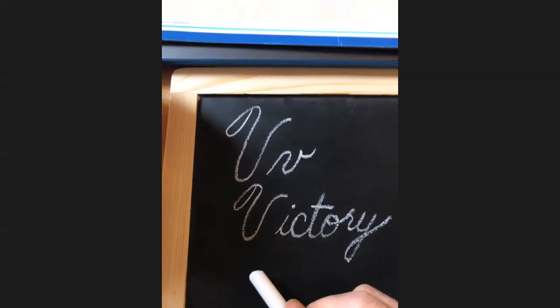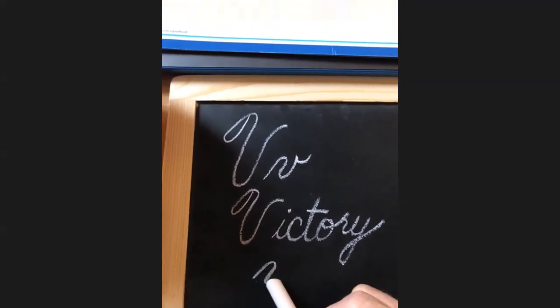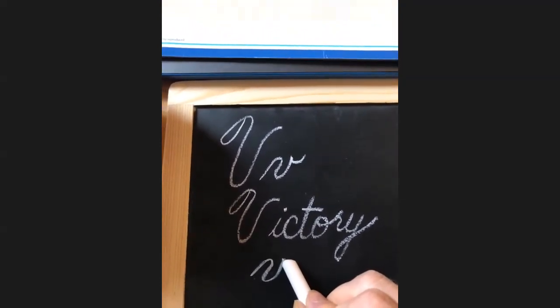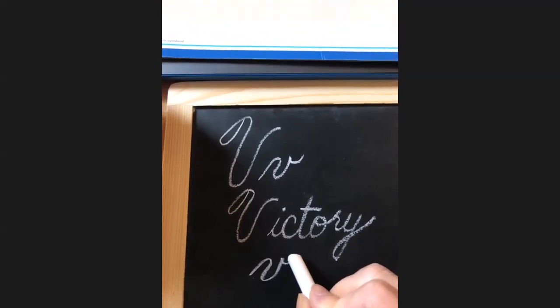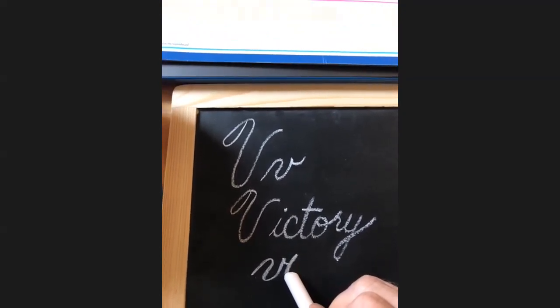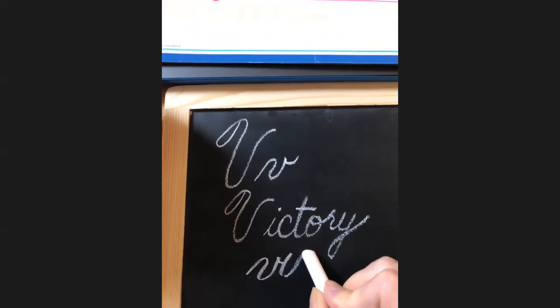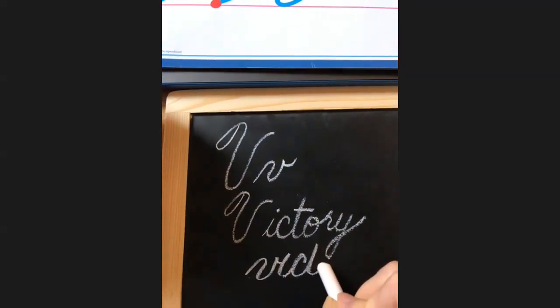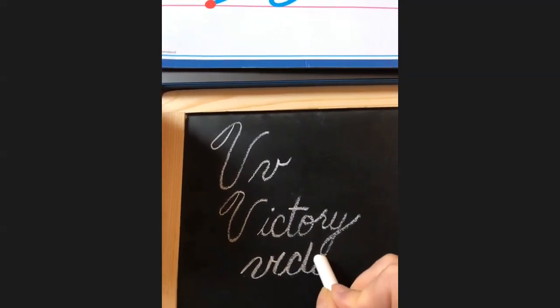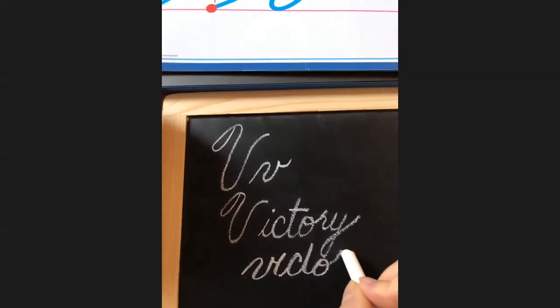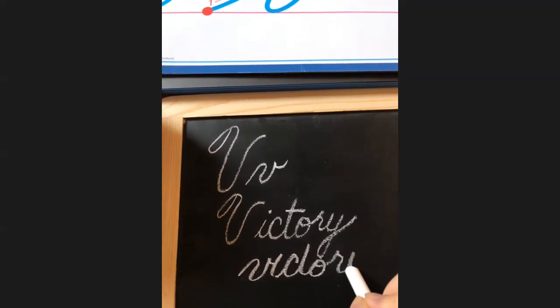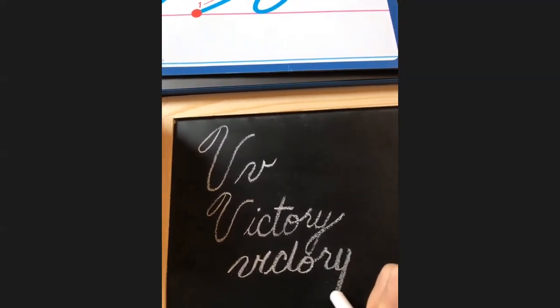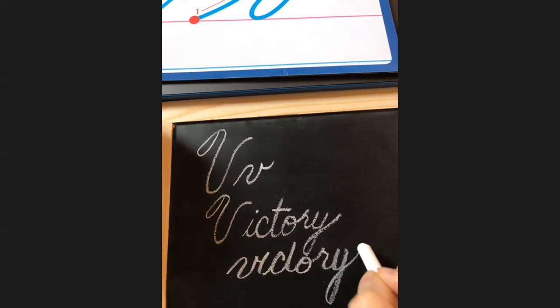All right. Now, what if we did victory with the lowercase v? Notice how we do our I. Then it comes down and it would touch the line, even though I don't have a line here. C, T, O, R, Y. Something like that.